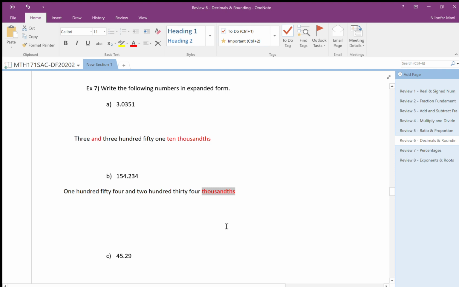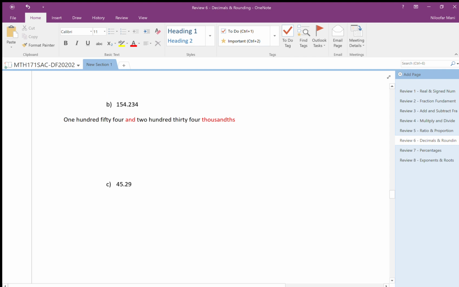Now right here, the first one is tenths, hundredths, thousandths, and this one I need "and." How about this? 45 and 29 hundredths, so 100.